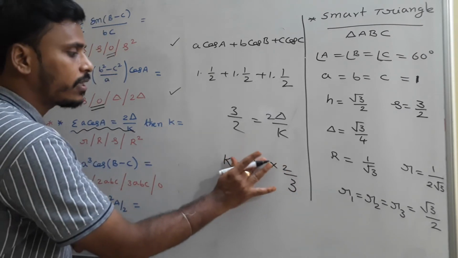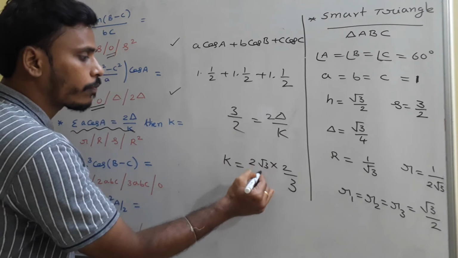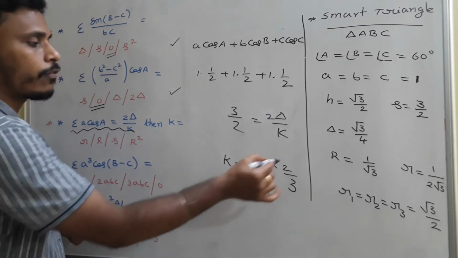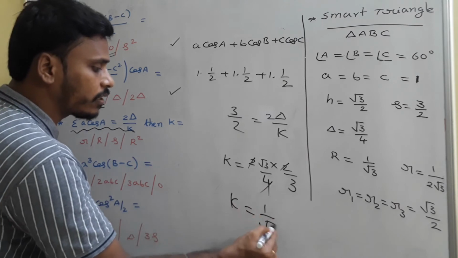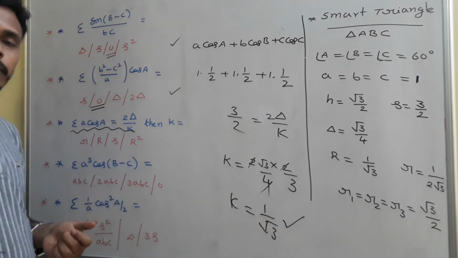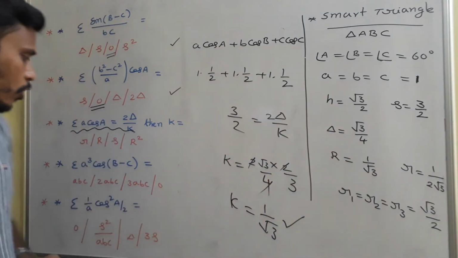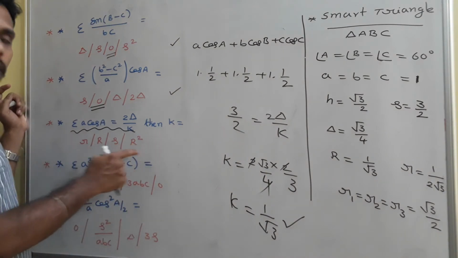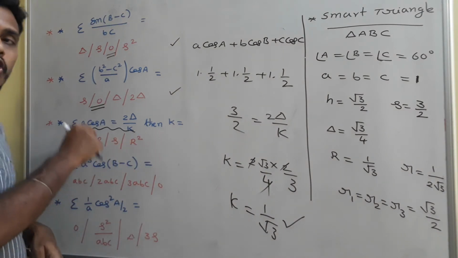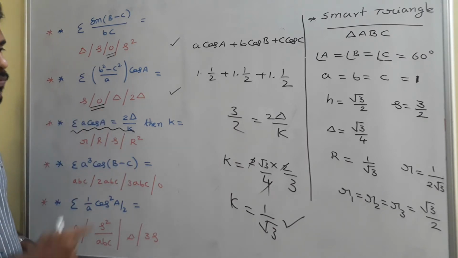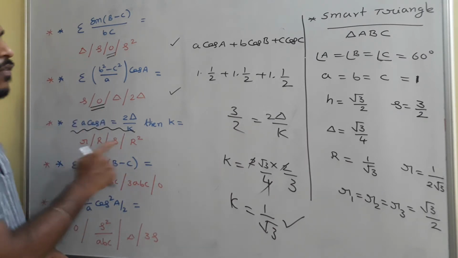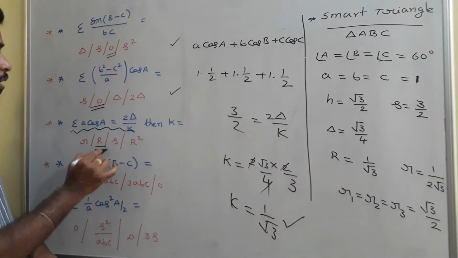Replace delta with root 3 by 4, 2 and 4 will get cancelled. At the end you will get k is equal to 1 by root 3. Root 3 by 3 is 1 by root 3. Among these options you need to choose the one which gives us 1 by root 3. It is very clear that capital R value is 1 by root 3, and your answer is capital R.